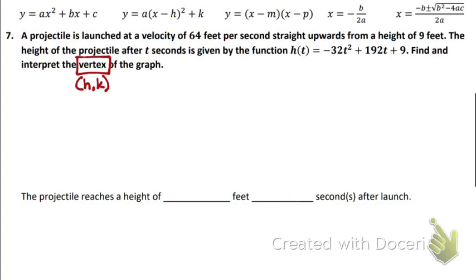The way we're going to find h, because that will be our first piece, to find h, we're going to use our axis of symmetry formula right here: negative b over 2a.